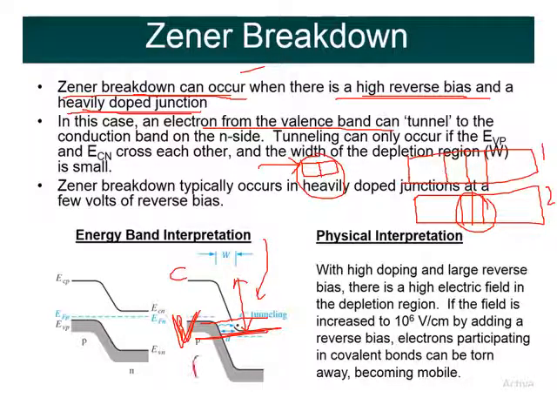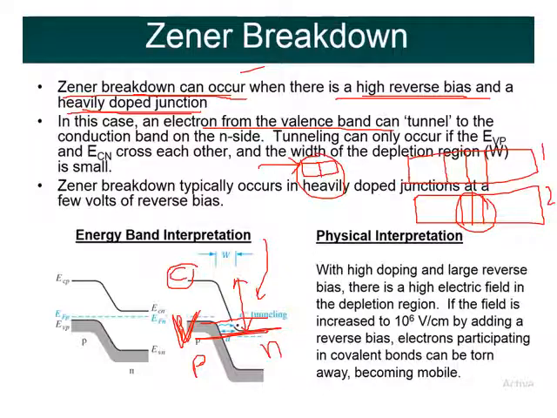This is the P side, this is the N side. You need to remember this. The P side valence band energy level is overlapping with the N side conduction band level. In such a case, what may happen?